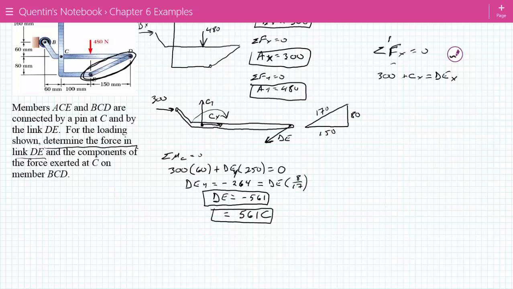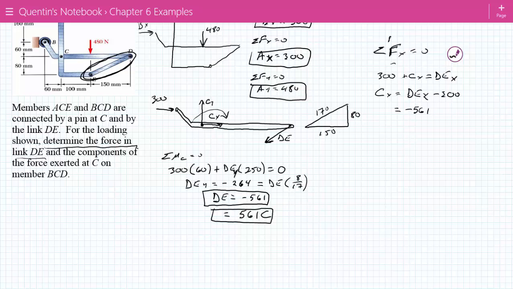Now again, this is where you need to be careful. I drew the arrow like this. So what is this value for DE? Cx is equal to DE in the X minus 300, right? What is my DE? Well, it's minus 561. It's a place ready to get you, because we drew the arrow in that direction, so you have a negative sign.